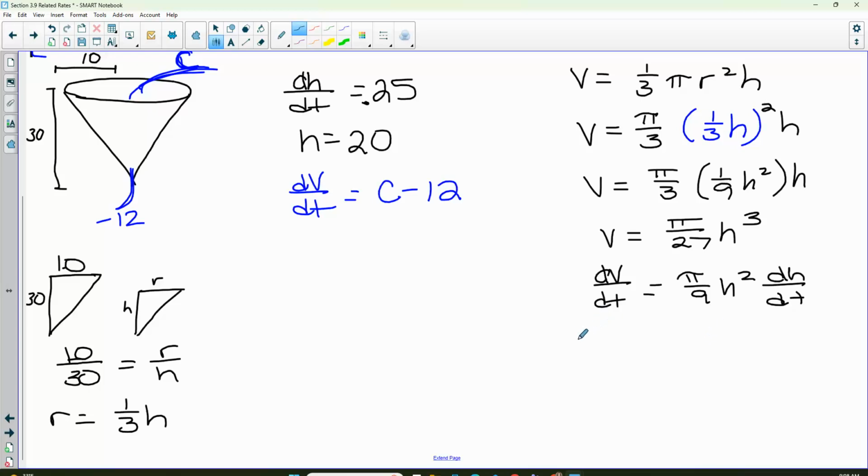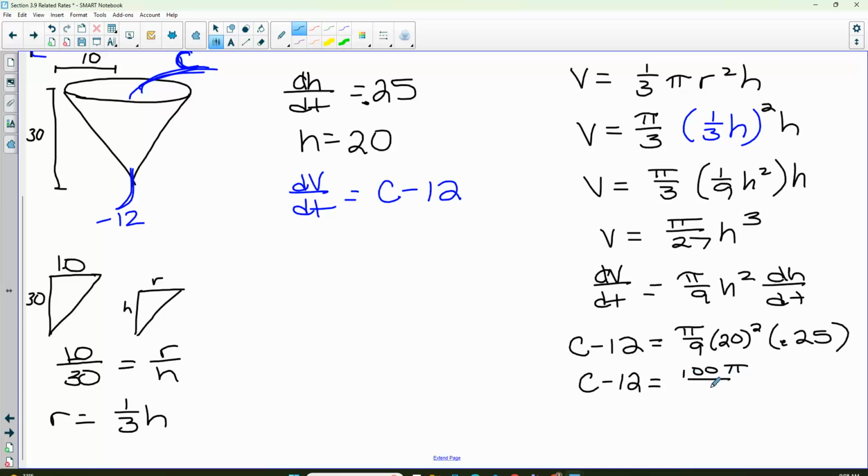So then if we plug in, dV dt would be C minus 12 equals pi over 9, h is 20 squared, dh dt is 0.25. 20 squared is 400, times 0.25, or divided by 4, so 100. So my C is 100 pi over 9 plus 12.